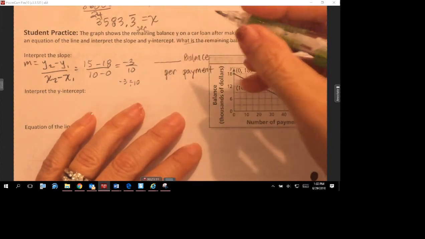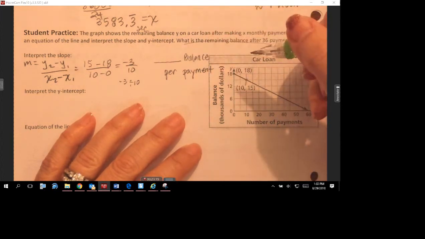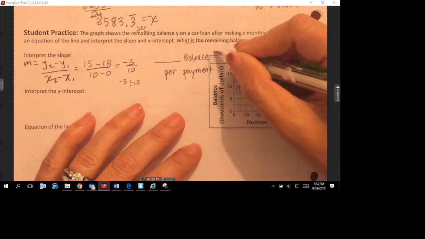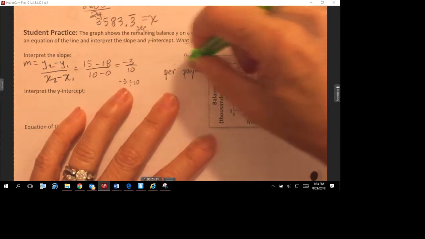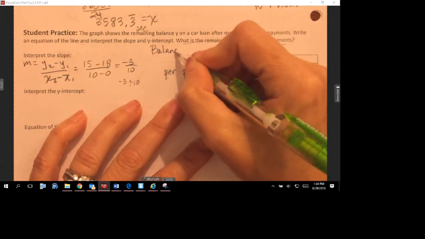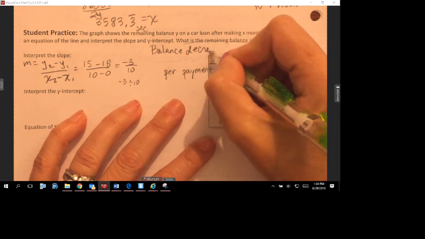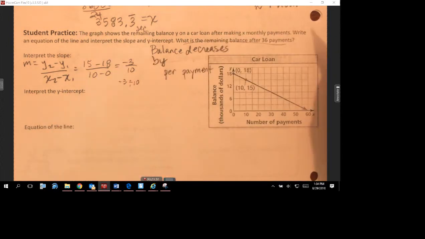So I'm not going to say negative. I'm going to say balance decreases. I'm going to rewrite this. Balance decreases by 0.3.